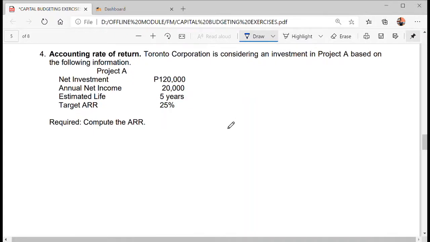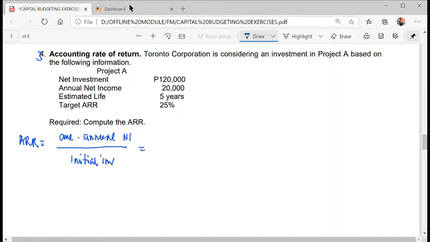Next is average. So this is question number 5. Accounting rate of return again. So you have the net investment and you have the annual income. So again, compute the ARR. That's equivalent to average annual net income over initial investment.